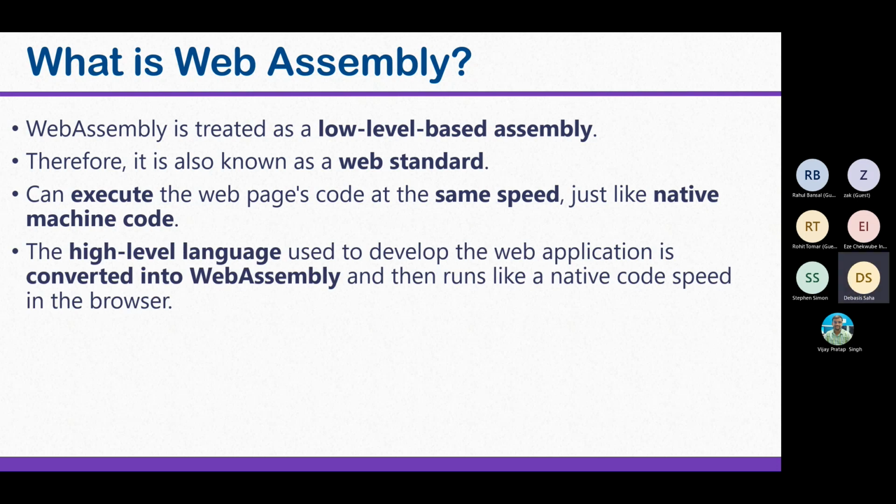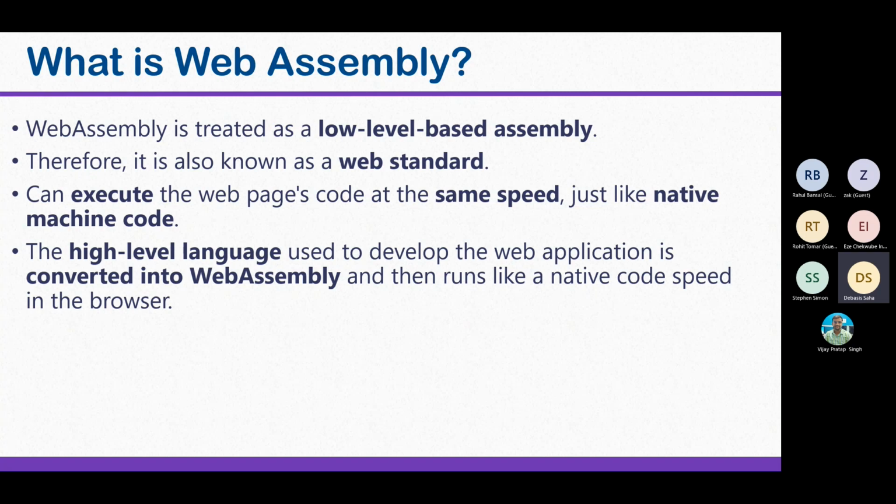The high-level languages used to develop web applications, just like C#, we can use C# to develop web applications, and it is automatically converted into WebAssembly when we compile and deploy the application, and then runs at native code speed in the browser. So when the application loads in the browser, it loads WebAssembly, the low-level language code.